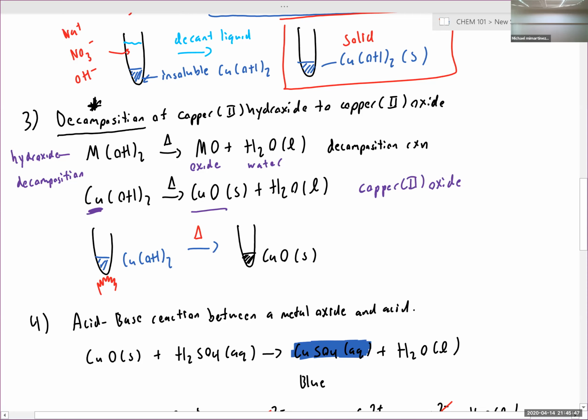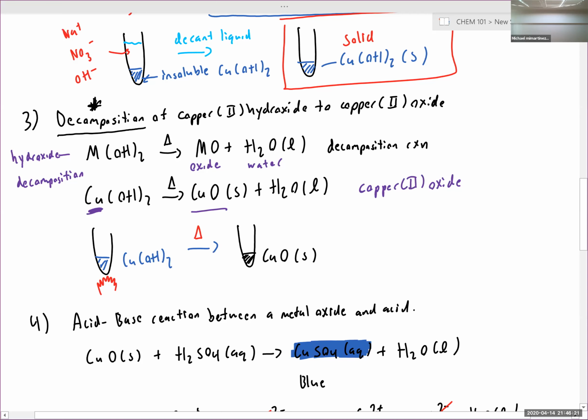Throughout this experiment, I want you to really pay attention to the color changes, gas formation, solid formation, and really listen to what I'm saying during each of these steps, because you really want to be able to respond to the questions in your lab report concerning any physical and chemical changes and be able to answer the questions in terms of byproducts from these reactions.